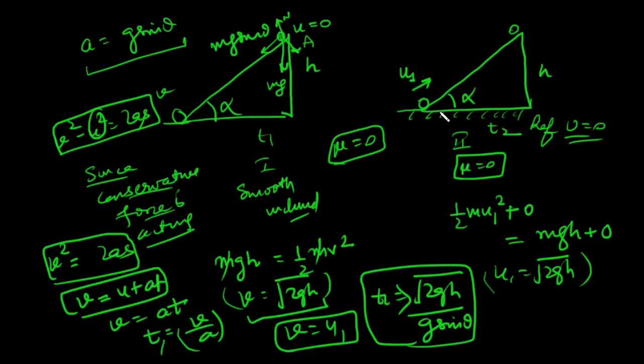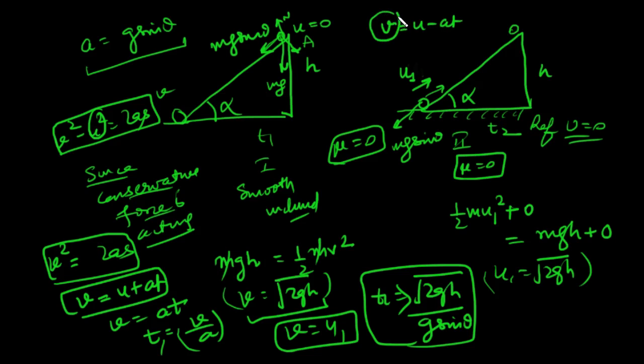Alright. So how about t2? You see, since the object is ascending, deceleration will occur because the component of gravity would be opposite to the velocity. Here in the first case acceleration is occurring because the component of gravity is along the velocity. Since deceleration is occurring, we have the equation v equal to u minus at, if you remember.